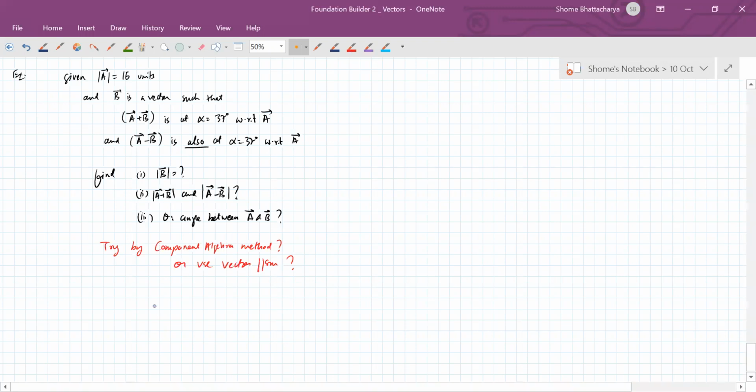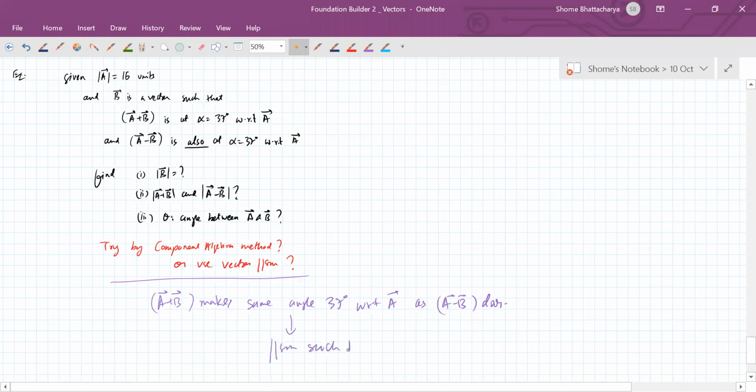So see here, when you use the information that A plus B makes the same angle of 37 degrees with respect to A as A minus B does, that means you are dealing with a parallelogram such that the diagonals make the same angle, alpha equal to beta.